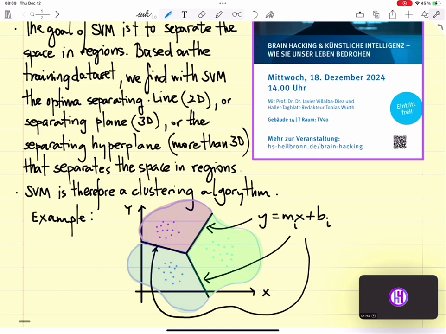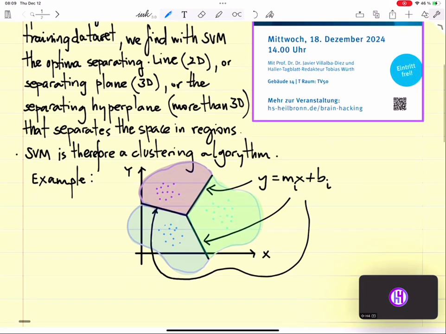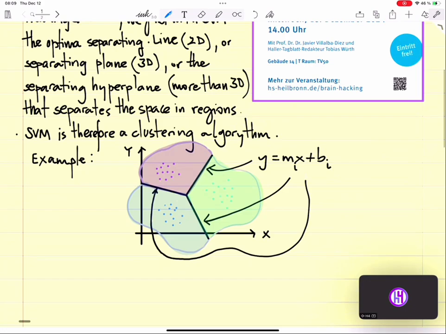That's why we say that we're clustering, but we're clustering the space, and we're not clustering the points as we would do with k-means clustering. Okay? Does it make sense what I'm saying? Any questions? Thumbs up, thumbs down. So there are many applications of this.